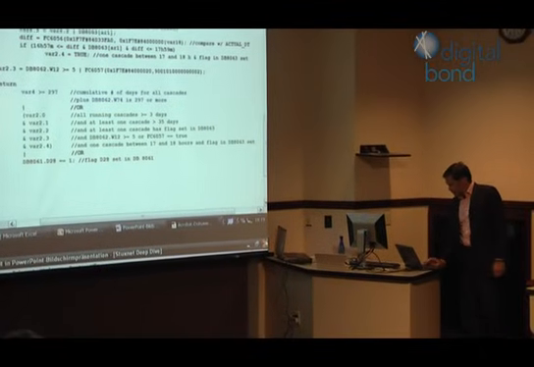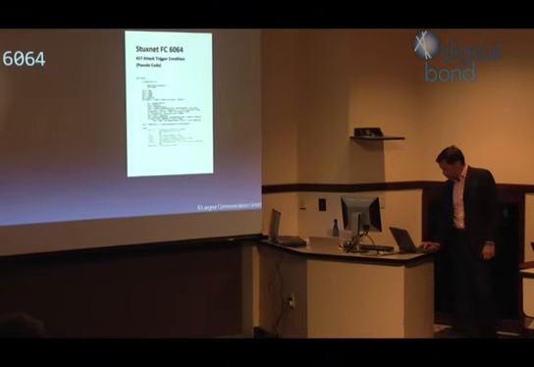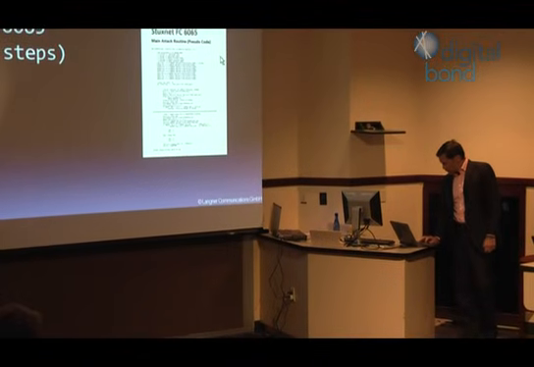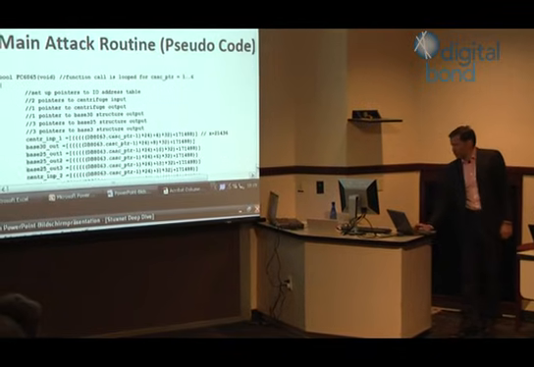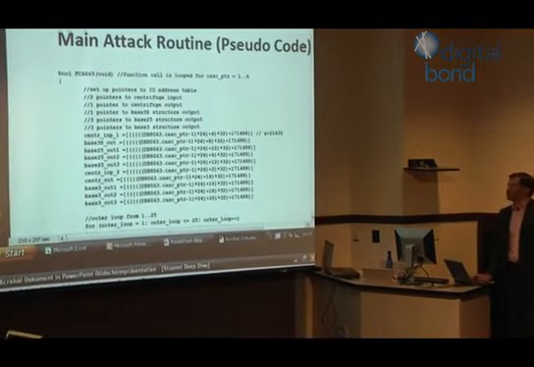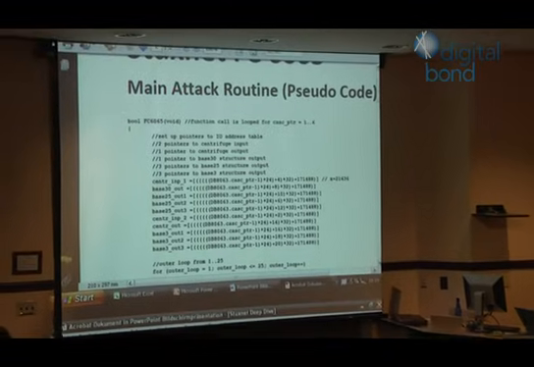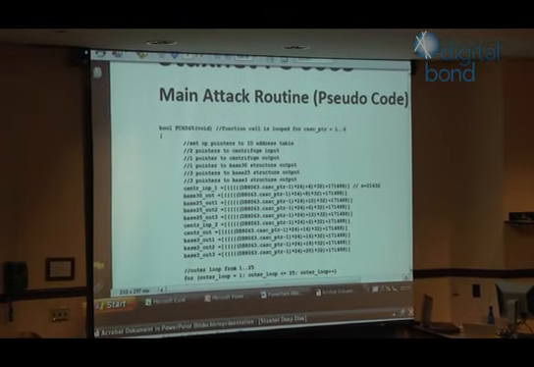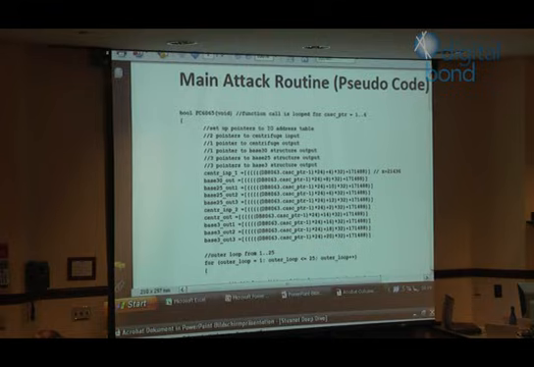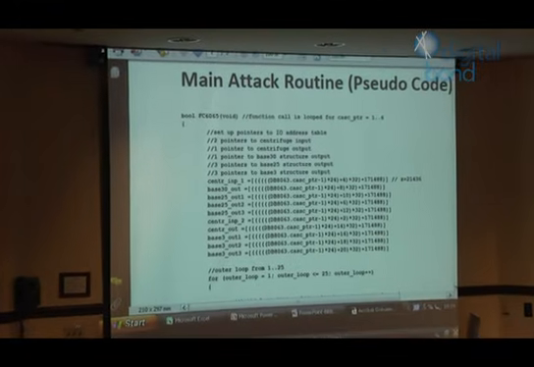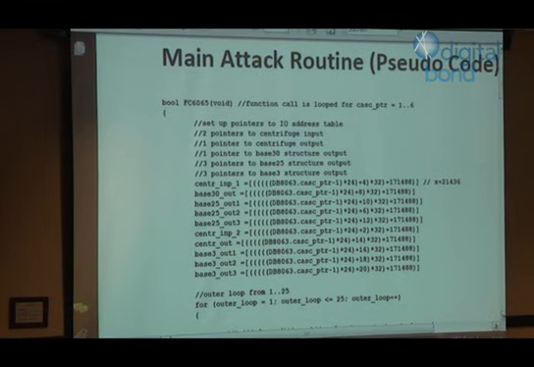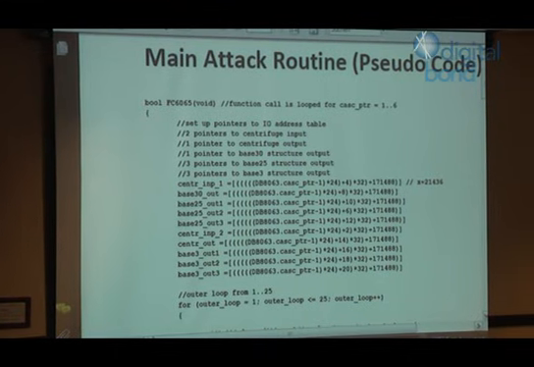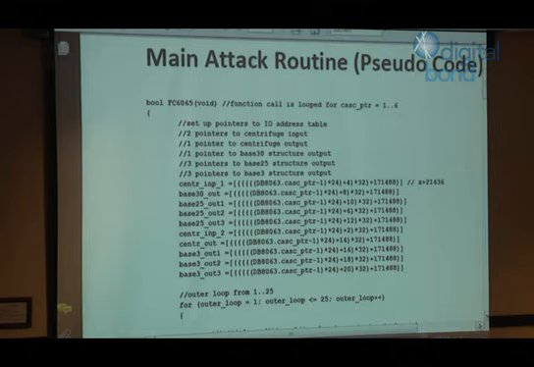Okay, so let's look at the attack, the actual destructive sequence. This is the main attack routine, which does the manipulations to outputs. 6065, you have seen that a couple of times in the state machine. First they're constructing a set of pointers to talk to the IOs. Now, we do have a very good idea in terms of the structures that they're related to, the plant structures.